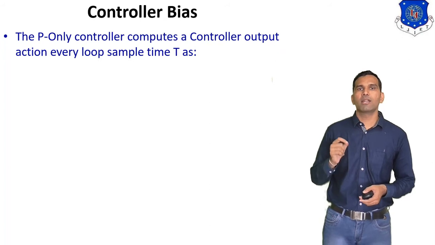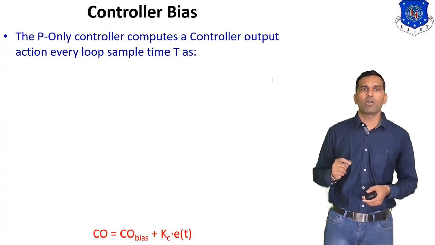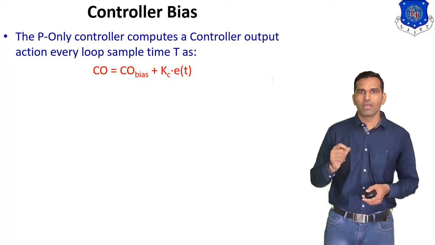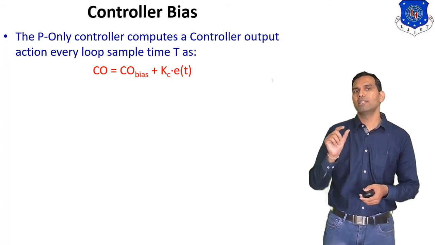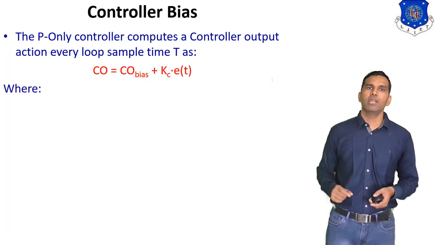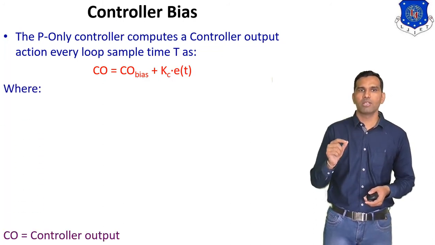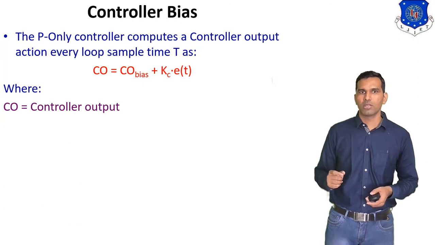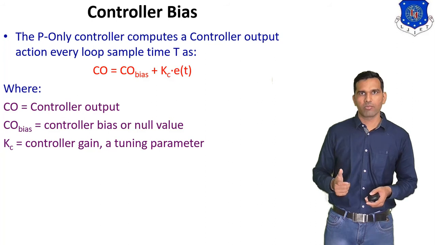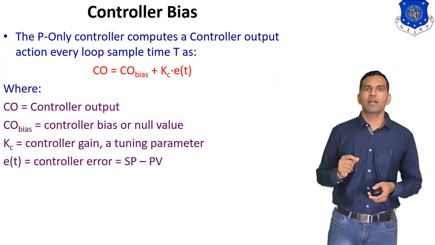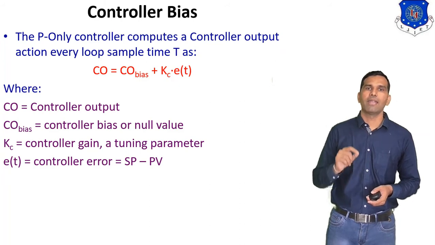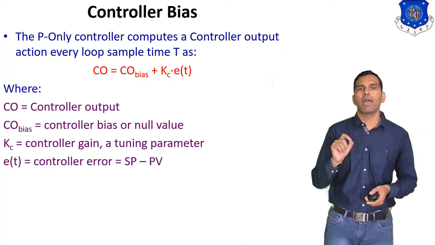The P-only controller computes a controller output action every loop sample time T as CO equals CO bias plus Kc times ET. Here CO indicates the controller output, CO bias indicates the controller bias or null value, Kc indicates the controller gain, or we can say the tuning parameter, and ET indicates the controller error.